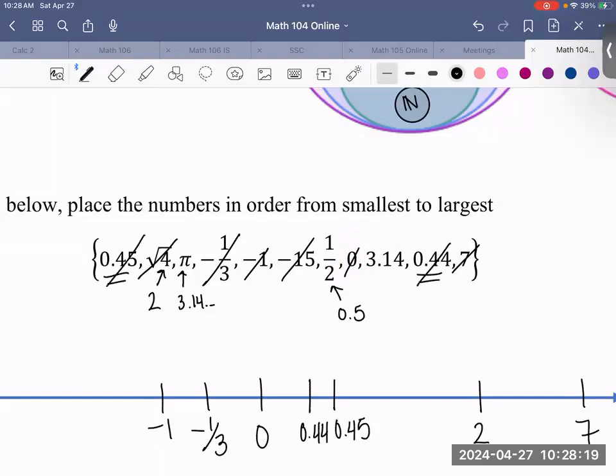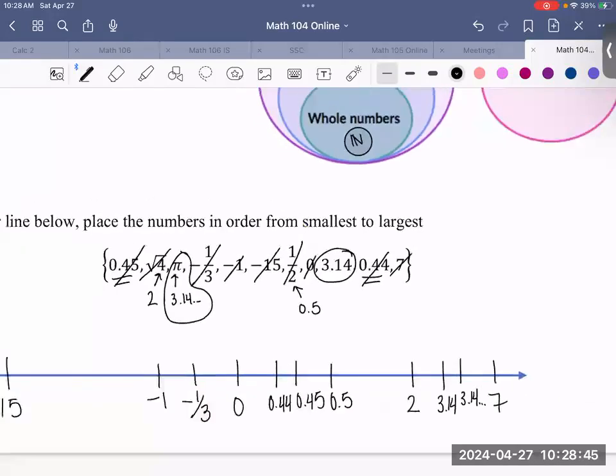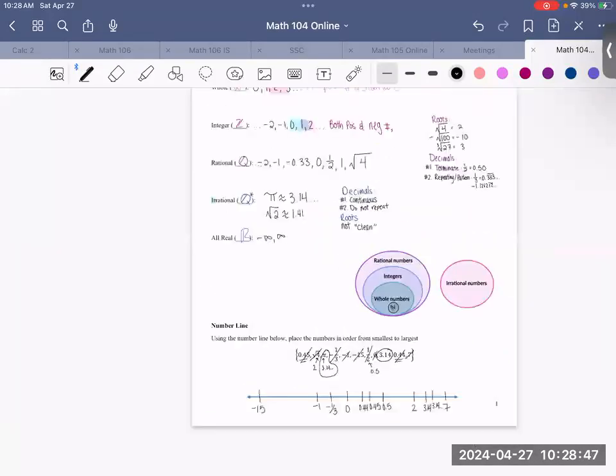Slowly chipping away. Now we also have 0.5, which we'll add right here. And now we are with 3.14 and 3.14 repeating, which is going to go over here. We got 3.14, and then we have 3.14 repeating, or you can write this as pi. And there you have it.